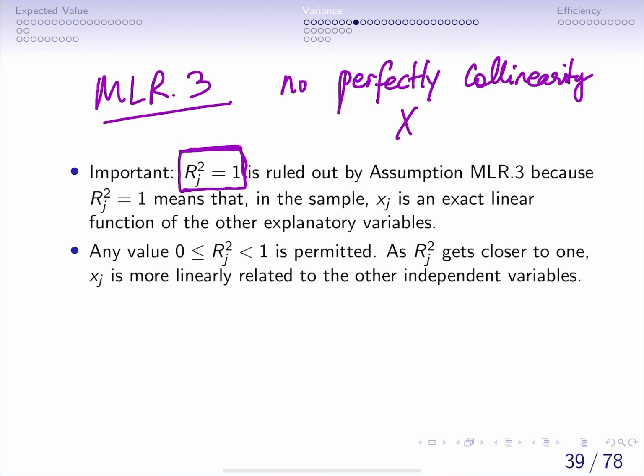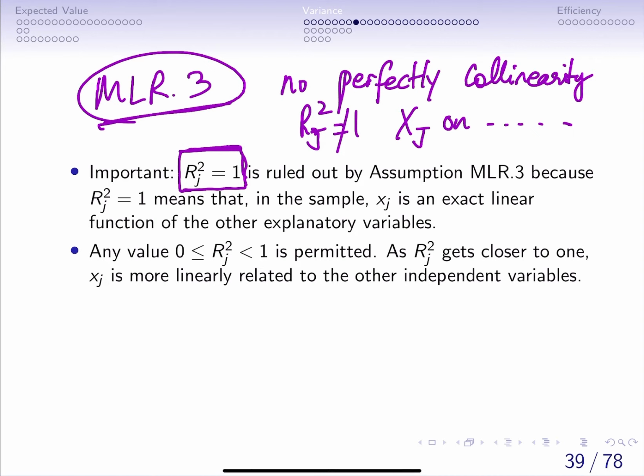So if you regress xj on other x's, R square j should not equal 1 because of assumption MLR3. This means we are left with an R square j which is greater than or equal to 0, but less than 1.